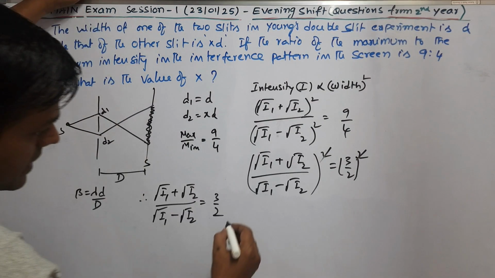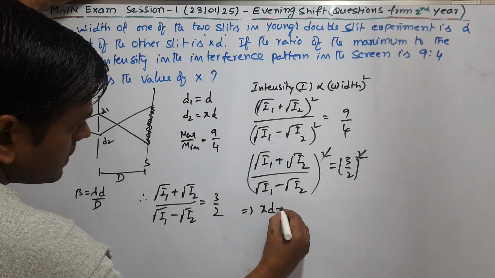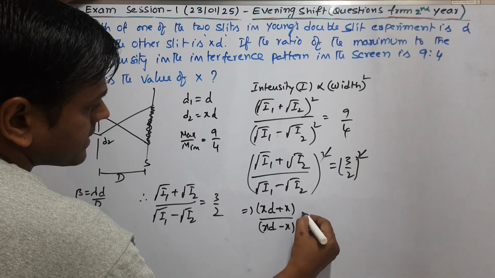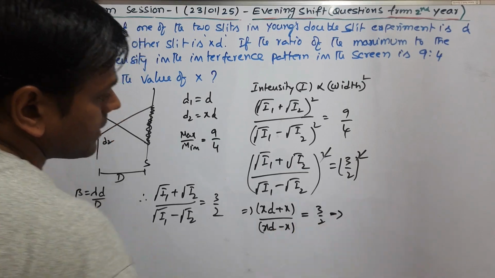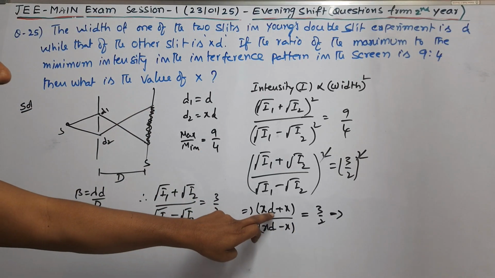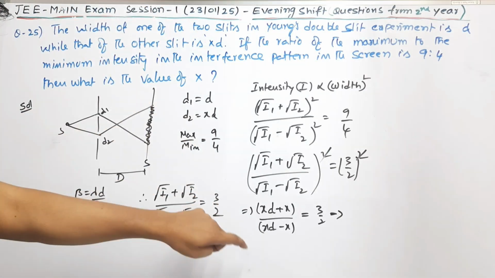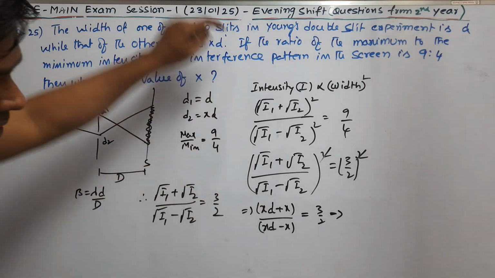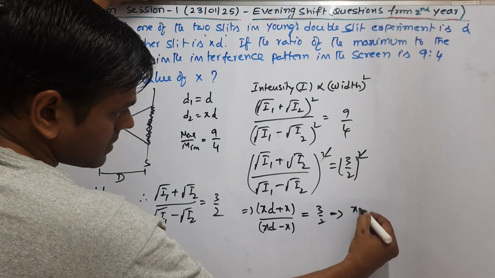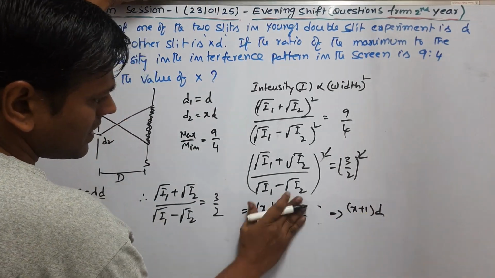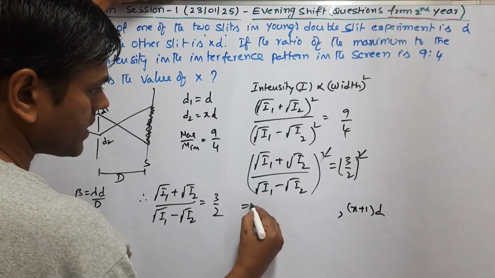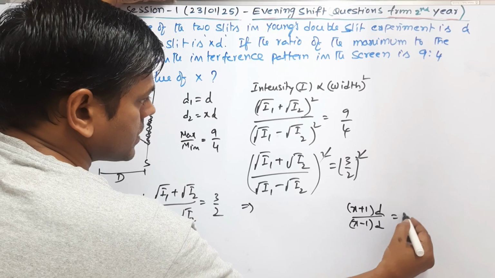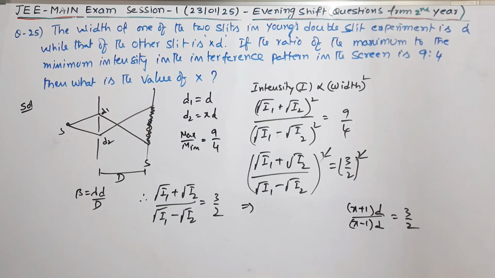Its value is given, that implies xd plus x by xd minus x is equal to 3 by 2. Taking x common, we get x plus 1 by x minus 1 into d equal to 3 by 2, isn't it?